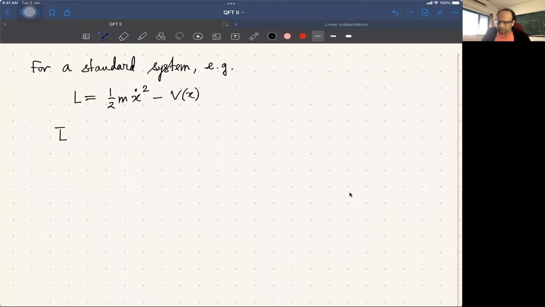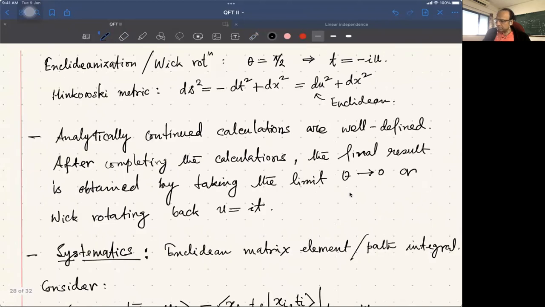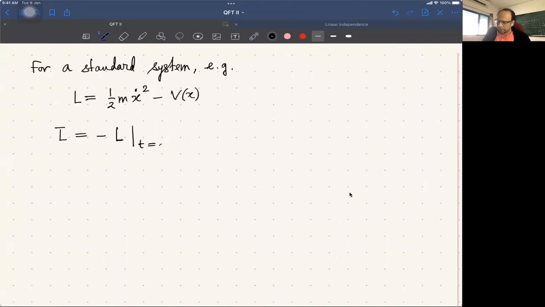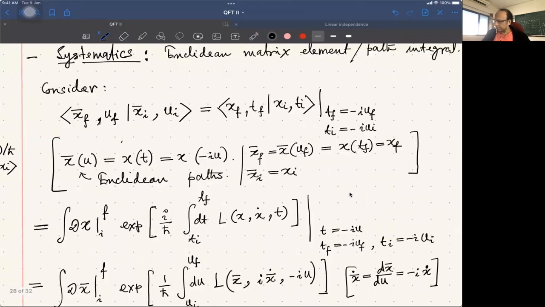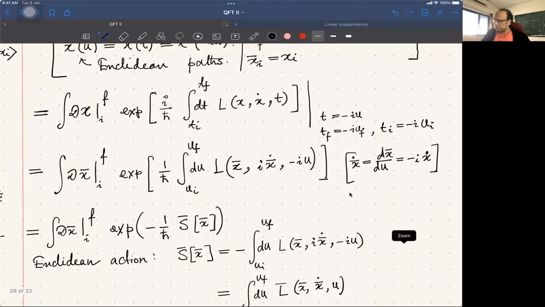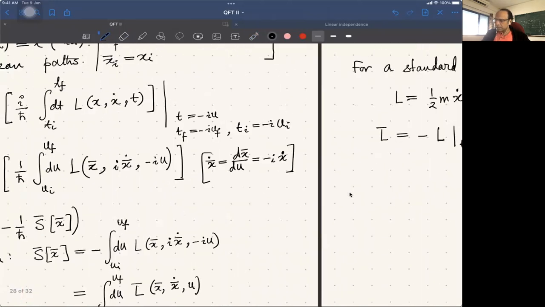So then L bar is going to be minus of L, with t becoming minus i u, with t equals i u. So that is minus half m x dot square, and as we have seen, x dot is i times x bar dot.